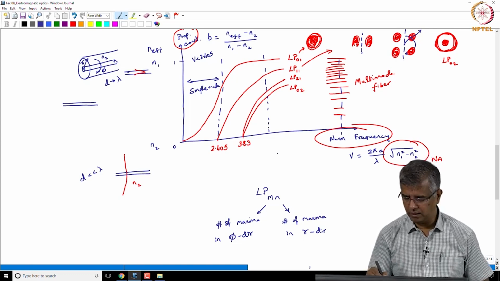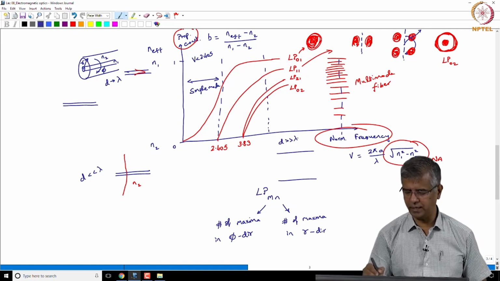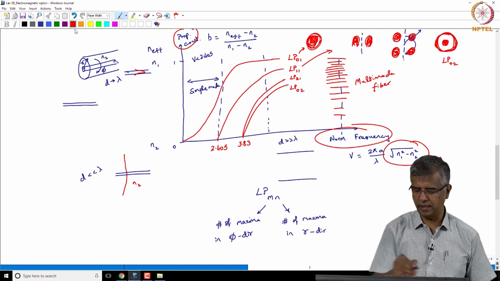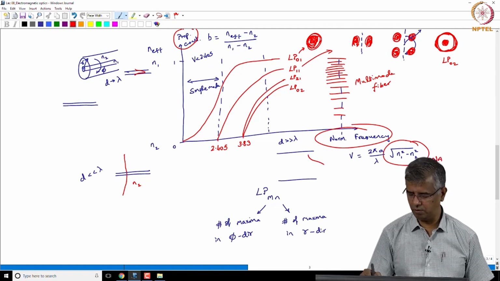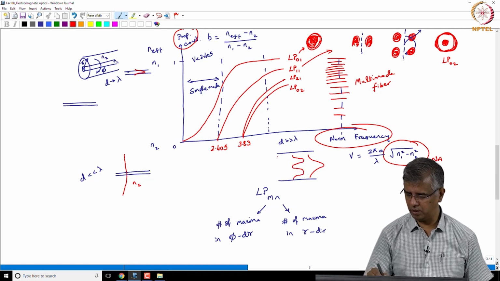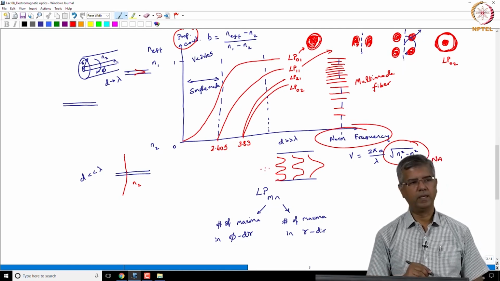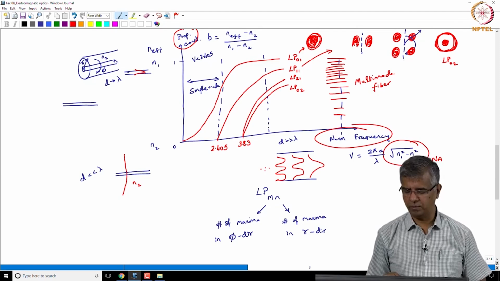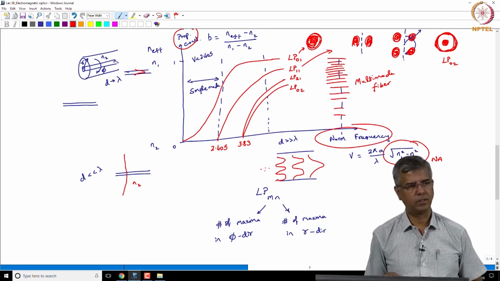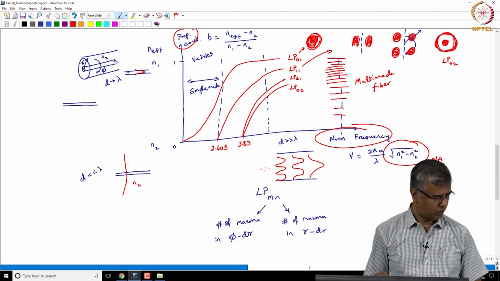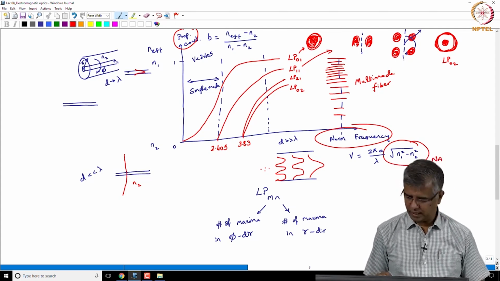And then there is the situation where d is far greater than lambda, and in this case you not only have the fundamental mode, you have the higher order mode and then the next higher order mode and so on. So, you have all these modes being confined within this waveguide. That is what is happening for d much greater than lambda.